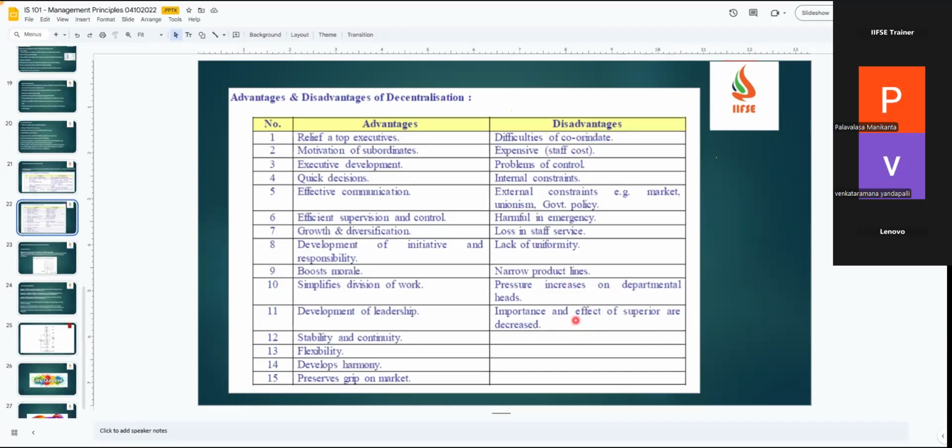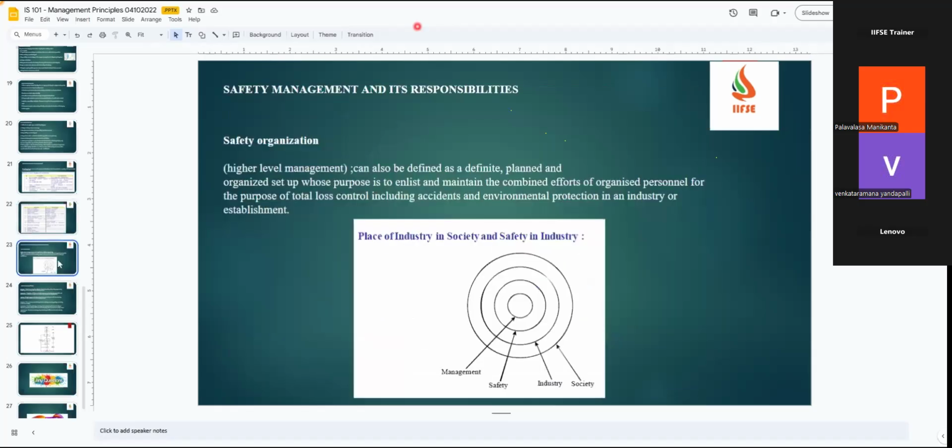The superior's involvement is not required here, because the management told them, okay, you take the ultimate decision, so I need not be involved in this. So definitely the superior's importance will decrease. The top management need not assess, or they don't want to assess, or their intervention will not be there. That means there is less chance of them coming to see what is happening, because they have given the authority.